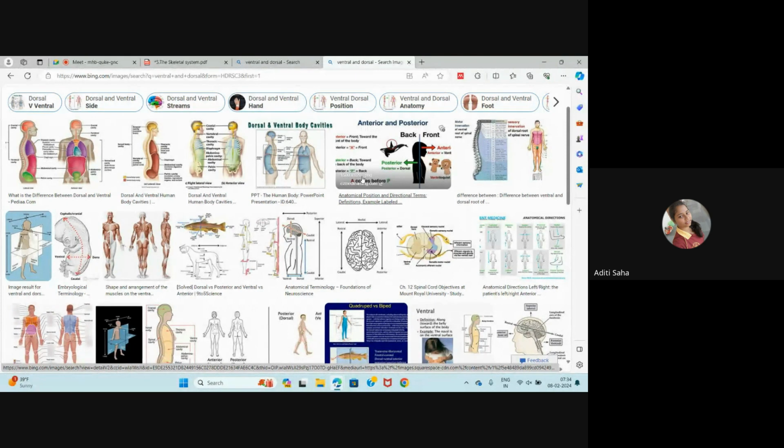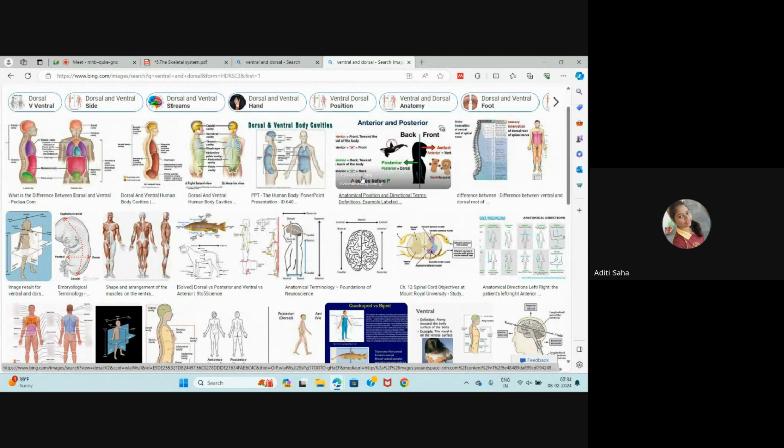So the ventral side of the legs is the back side and the dorsal side of the legs is the front side. Like that only, if we go for our abdomen or upper body, then the harder part is our back side, right?